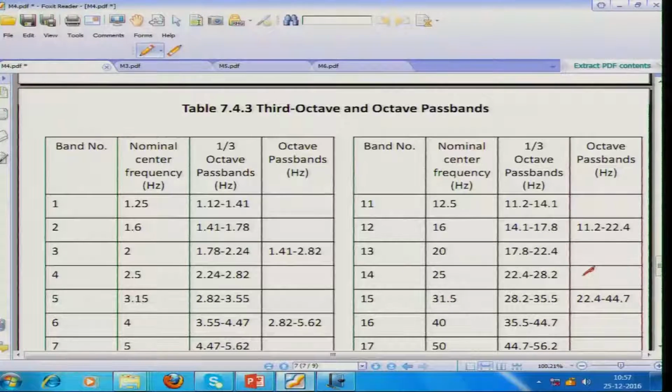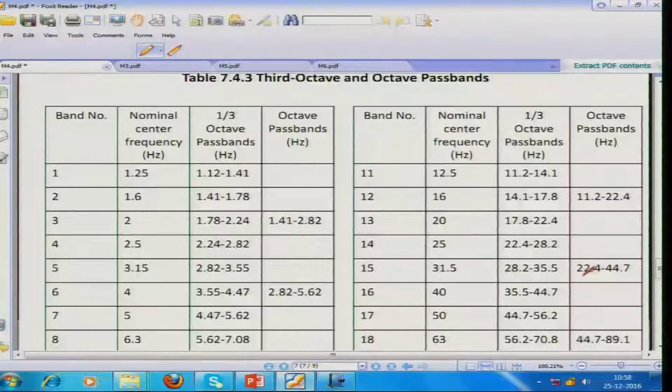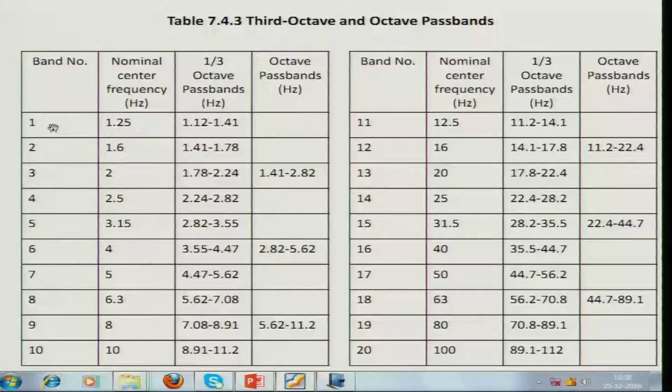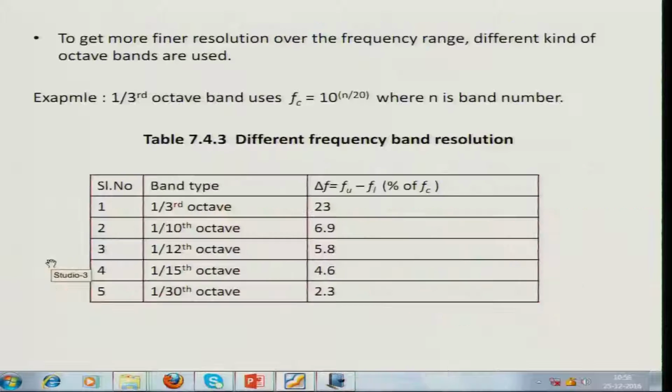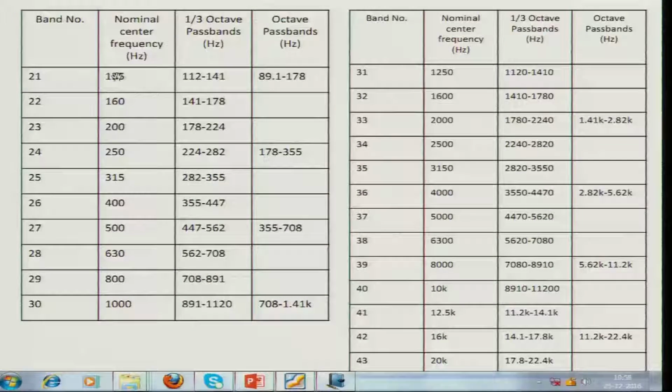What it shows is both octave bands and also 1/3 octave bands. So, we look at band number 1, its nominal center frequency. How do we calculate it? We calculate it using this relation, 10 to the power of n by 10. The moment you know a band number, you use this formula and you get its central frequency.